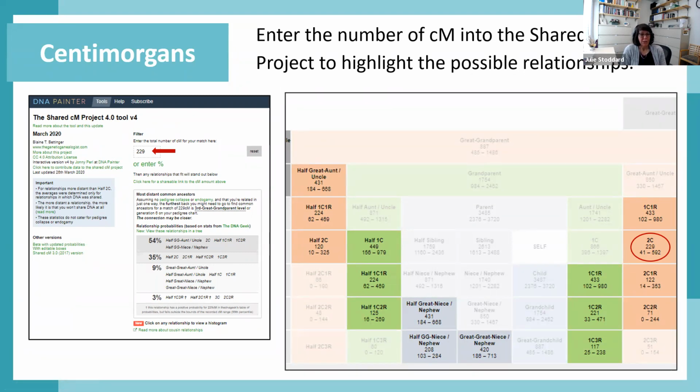So the steps to take: you get your DNA match, you're trying to figure out who this one is, and you say, well, I can look up what my possible relationships are. So you put in the number of centimorgans and push enter, and it'll highlight which possible relationships 229 centimorgans could be.